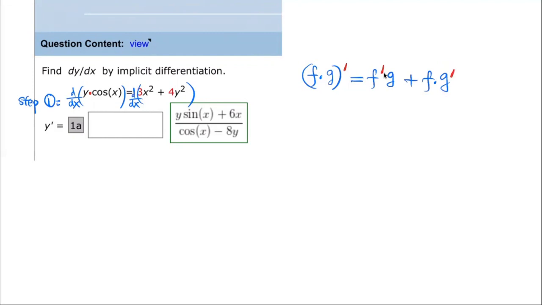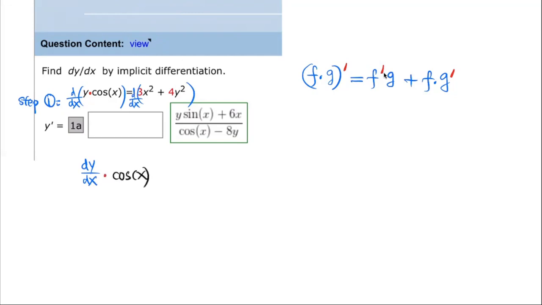So we differentiate the first function y with respect to x, and we end up with dy/dx. Then we times the second function, which is cosine x.